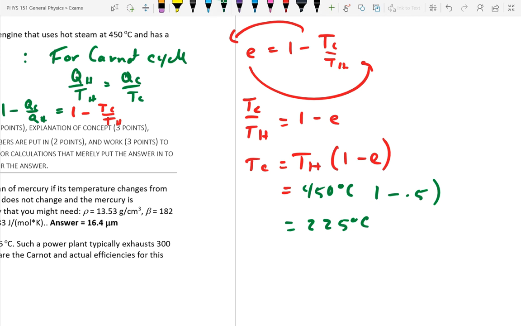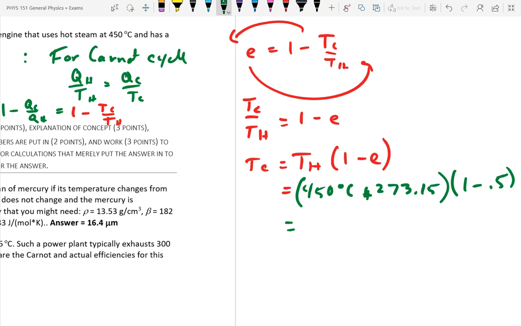So what I needed here is to convert to kelvins. And so when I do that, it's 300 something. Let's see. That's 723 divided by 2 is 361 kelvins.